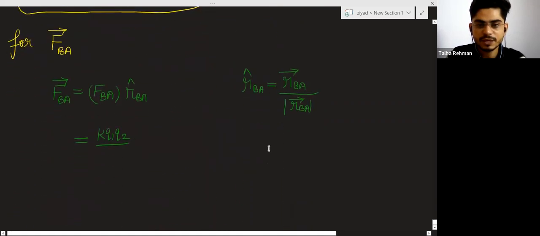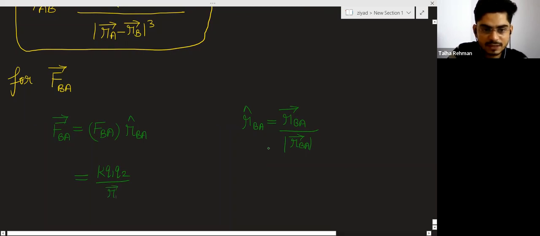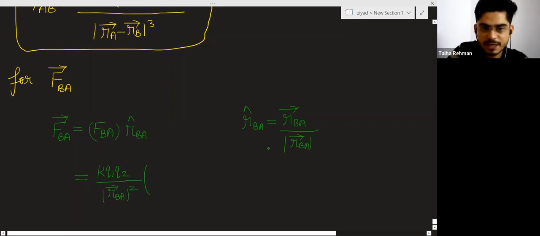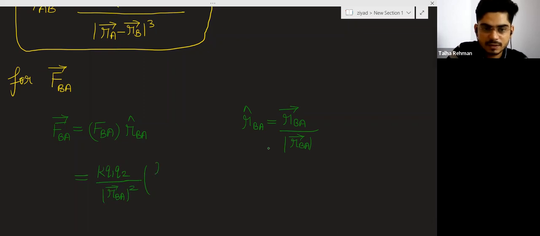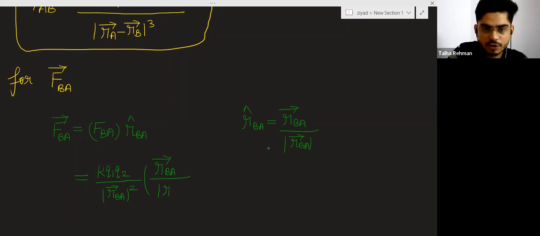So k Q1 Q2 divided by the mod square of r_BA, and we will multiply this with r_BA vector and the mod of r_BA.